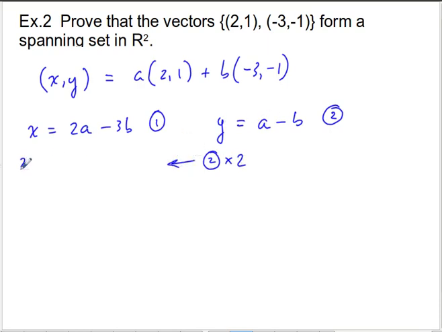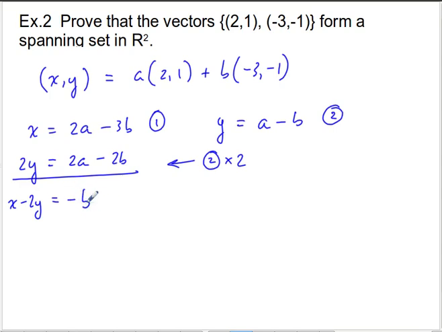That gives me 2y, and the reason I wanted that is for the 2a here, minus 2b. Then I'm going to have to do a subtraction to get rid of that 2a. So I end up with x minus 2y on the left side. And when I do my subtraction here, I get negative 3b minus negative 2b, but that's the same as plus 2b. So that's going to be minus, or negative, b.